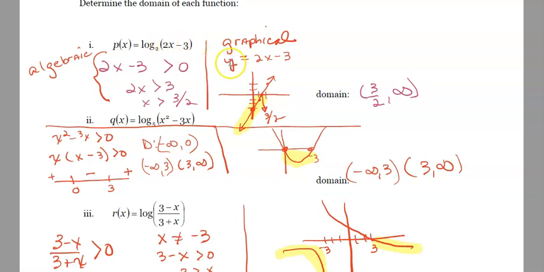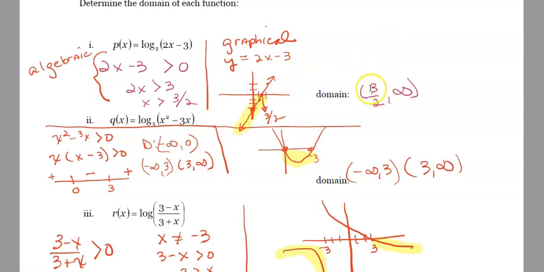That means my y values, which are down here, can never be negative and be involved in my domain. So the yellow cannot be included. So look where I'm starting. I'm starting at 3 halves and going further and further down the x-axis.